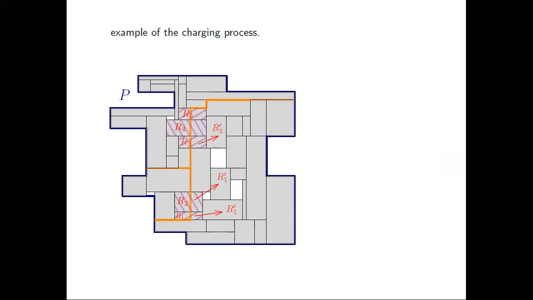Then R2 charges R prime, also R, because it sees its bottom left corner. R3 charges R prime 3. R4, we want to charge R prime 3 also. So there's a problem in our charging scheme.